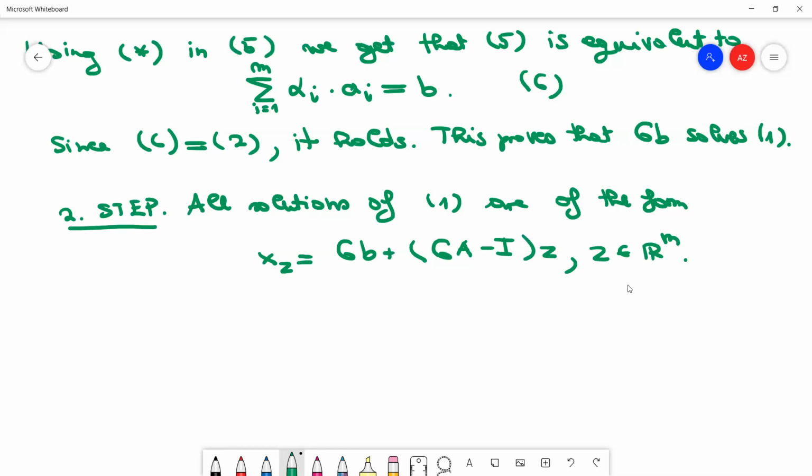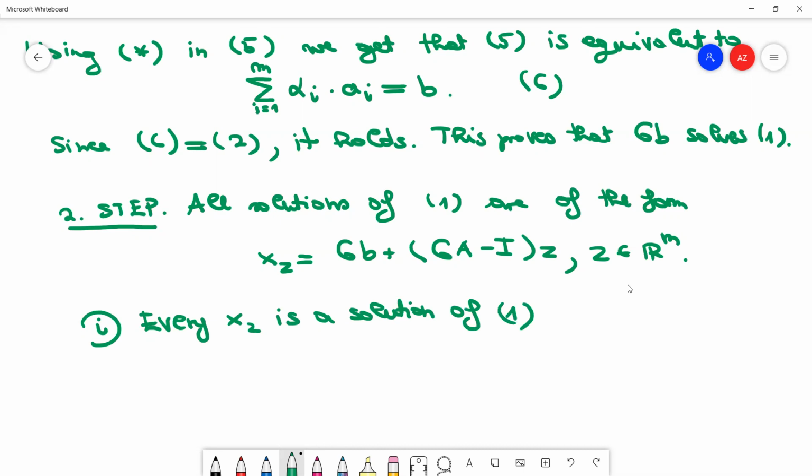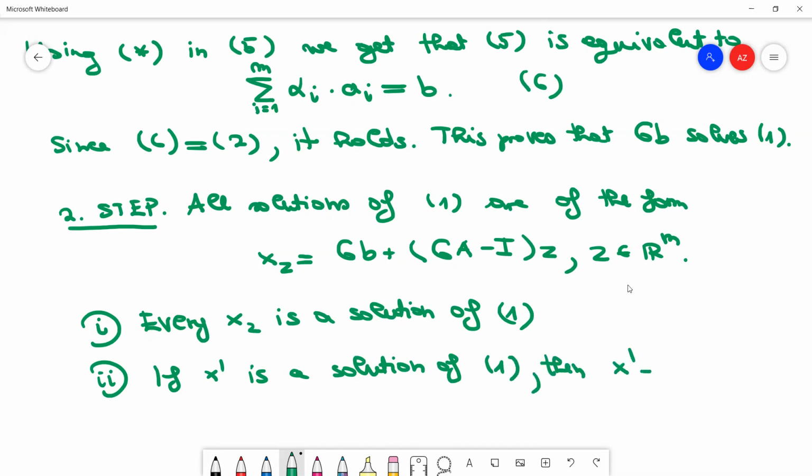The first thing is that we will first prove that every xz is a solution of 1. And then the second fact will be that if x prime is a solution of 1, then x prime is xz for some z.